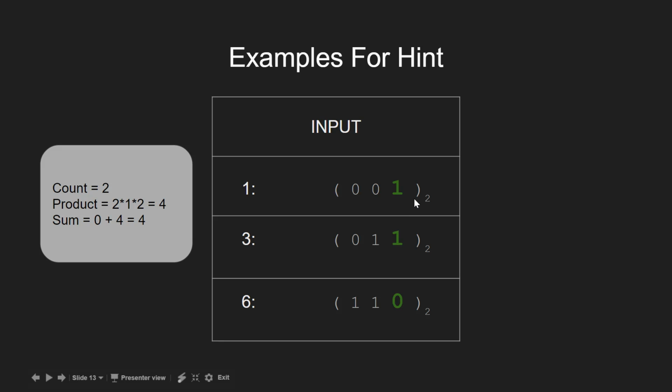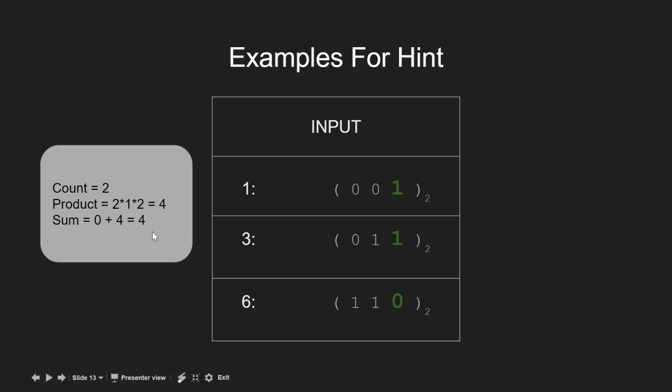Here we find two such integers, 1 and 3, so the calculated product is 2, that is the number of integers having LSB as set, into 1, that is the number of integers having LSB as unset, into 2, which is equal to 4, and adding that to the sum variable it becomes equal to 4.